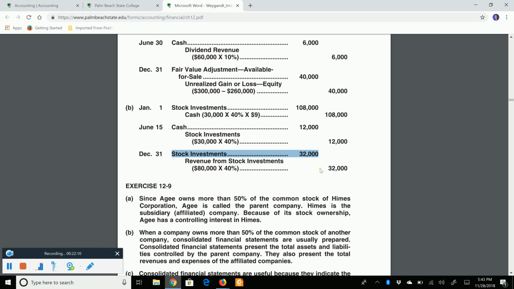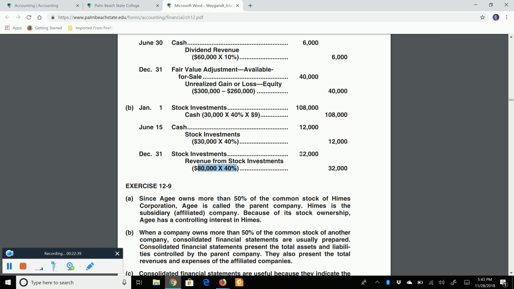All right, we're going to increase and decrease our investment asset account for our share of the net income and the dividends. We don't do that with the cost method. We simply record dividend revenue and we ignore the net income. So stock investments, $80,000 was the net income, and we own 40% of that. So 80,000 times 40%, that is $32,000.